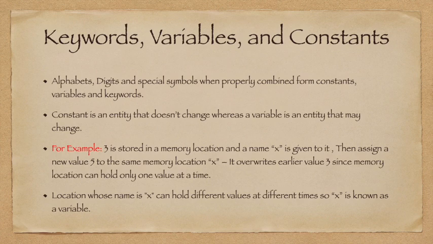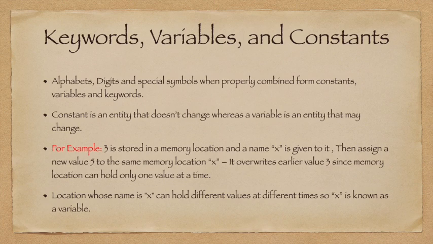A glass can hold water, milk, tea, coffee, etc. The content of the glass can change, but the property of water, the property of tea, milk, coffee, they are not going to change. So in this case, it's the container, the glass, which is acting as a variable, whereas the contents, that is the tea, coffee, water, or milk, they are the constants.